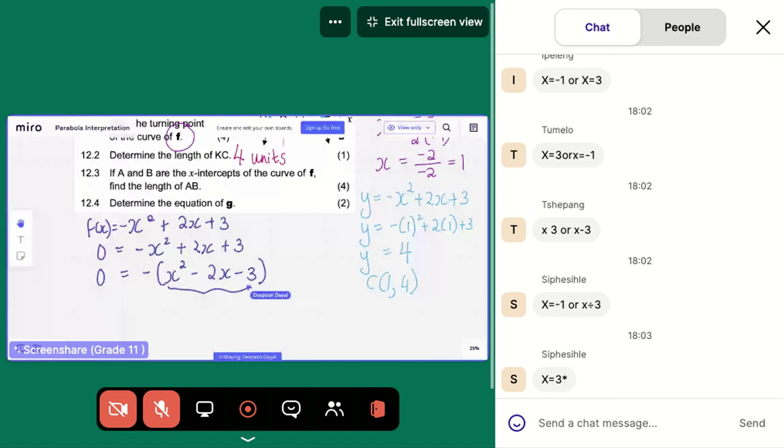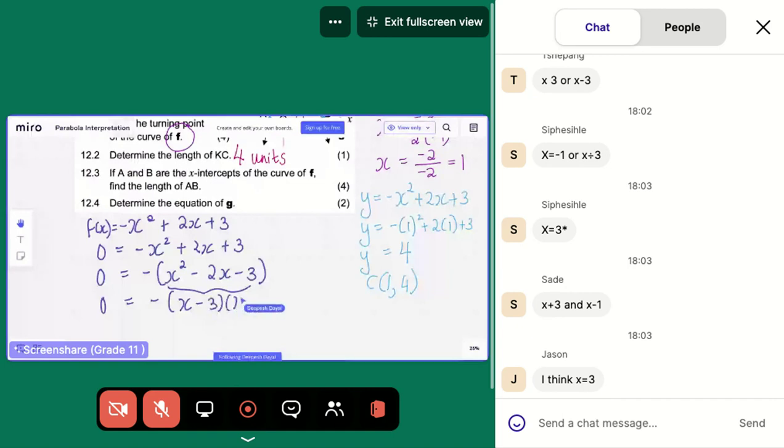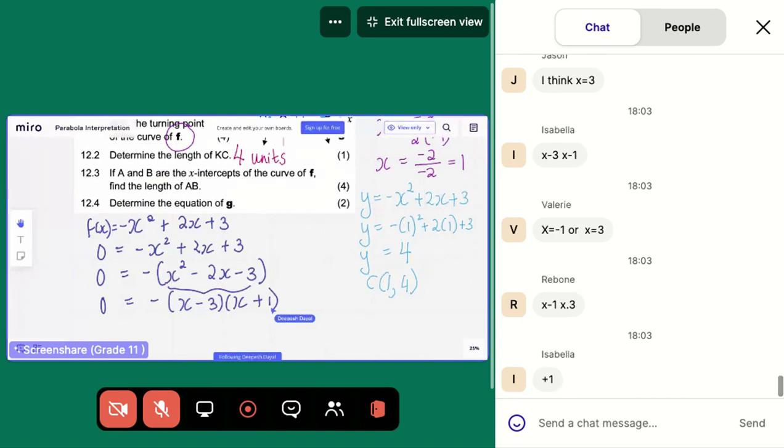It's 0 equals minus, and then I've got here (x minus 3)(x plus 1). Those are our x values there. So we've got x equals minus 1 and x equals 3 as our solutions for x.